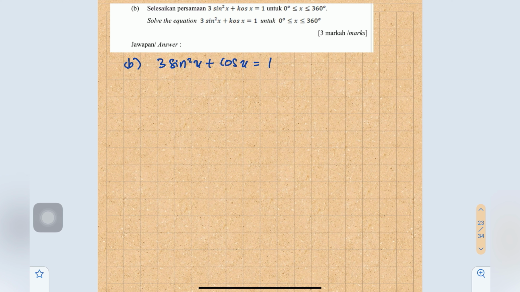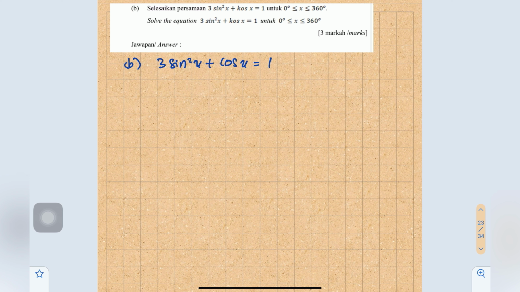Okay, so kita expand 3 minus 3 cos squared x plus cos x equals to 1. Okay, so then kita boleh simplify kat sini. Kita dapat 0 is 3 cos squared x minus cos x equals to minus 2.